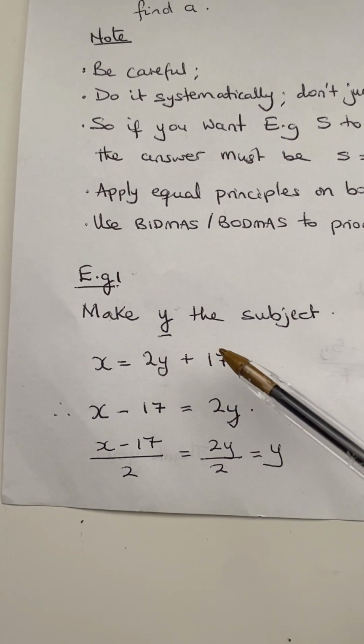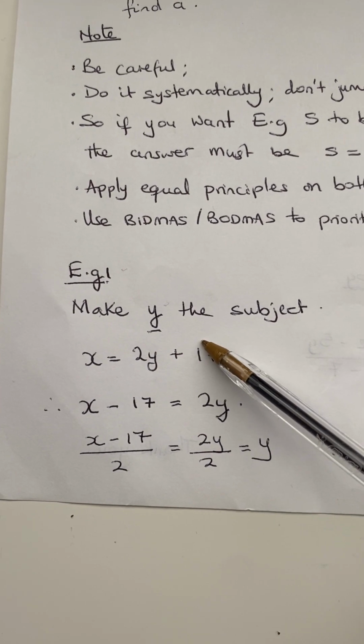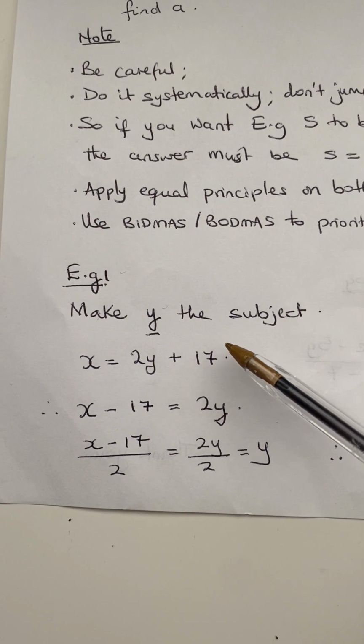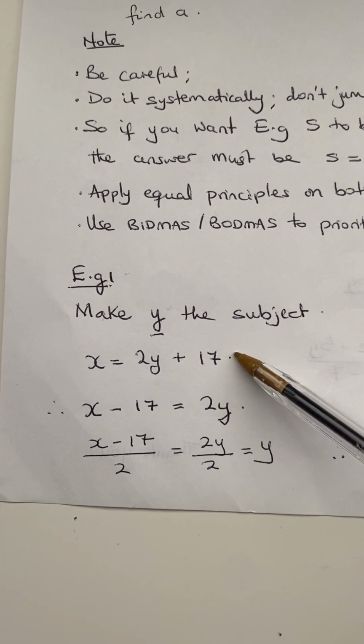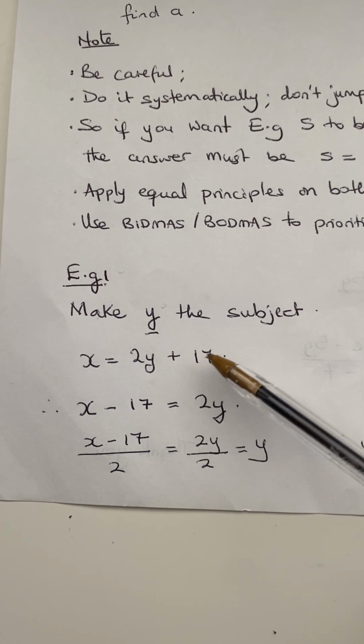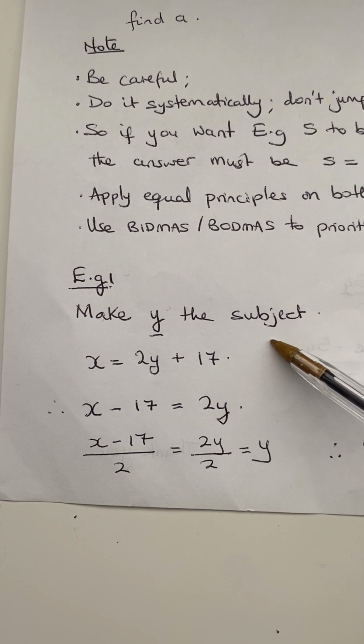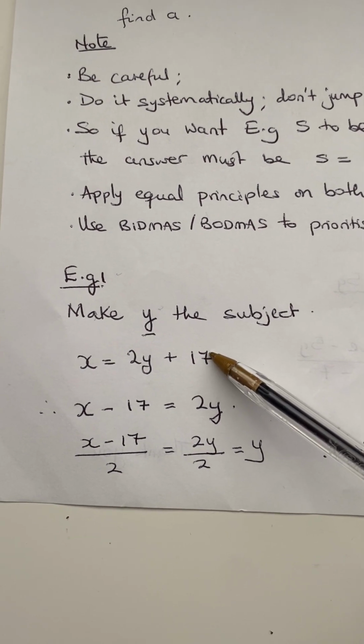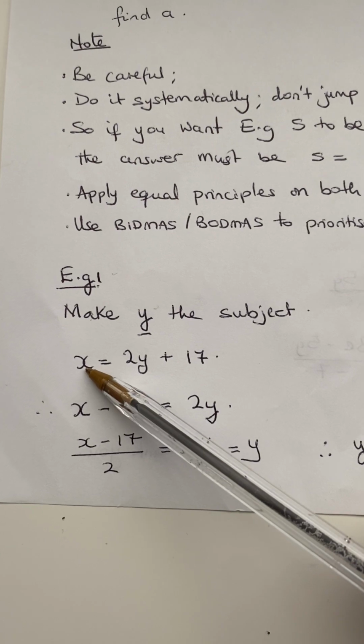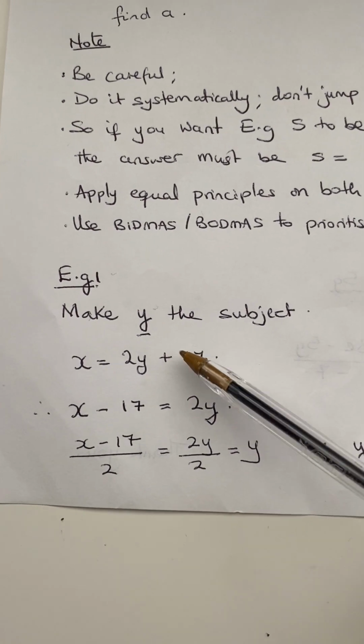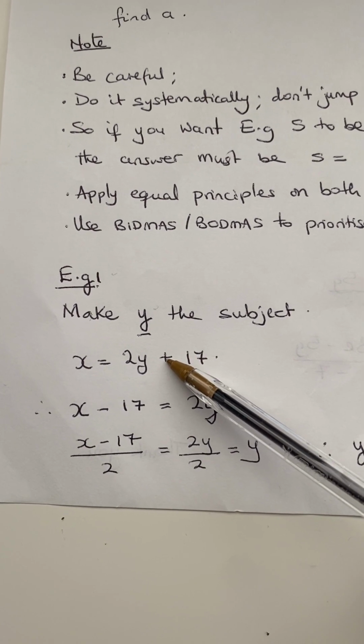So this is plus 17. We can take away 17, so plus 17 minus 17 will be 0, or we'll move 17 to the other side. If we do that, it becomes minus.